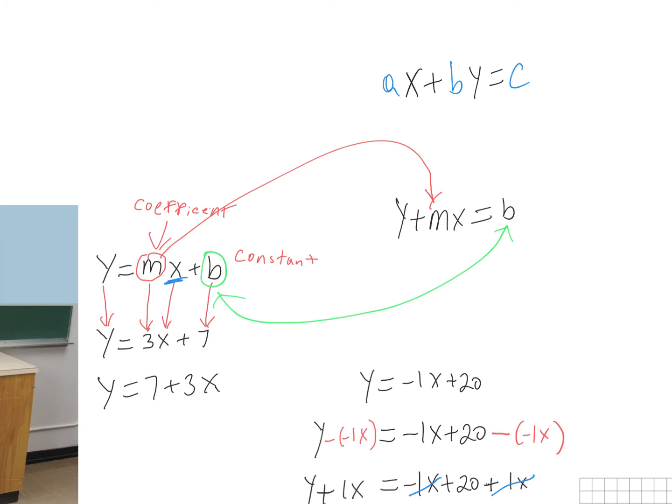And really all this is they're telling us, in this case here, m is just being replaced by a. It's still just another variable saying it's the coefficient attached to x. There is no coefficient in front of y here, but it is essentially whatever number would multiply by y. And b and c are more or less the equivalent in this situation.